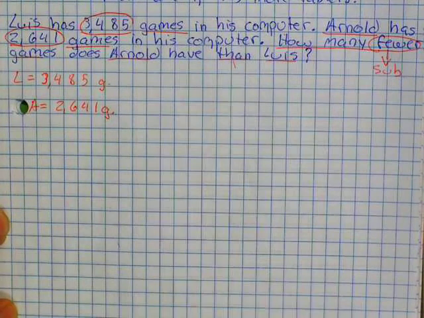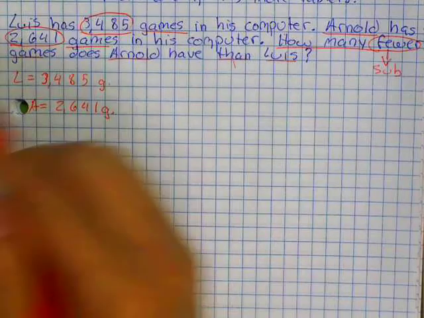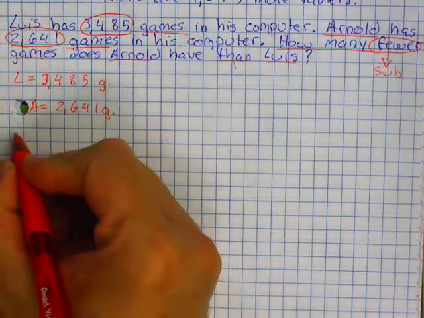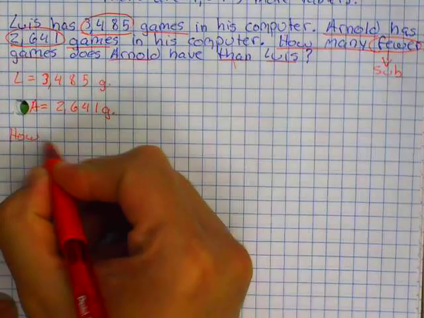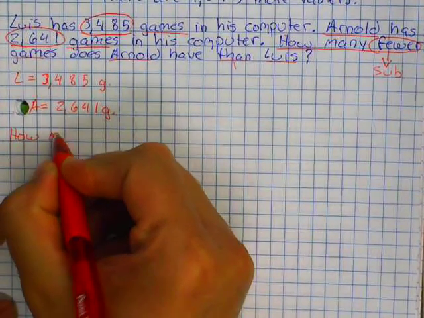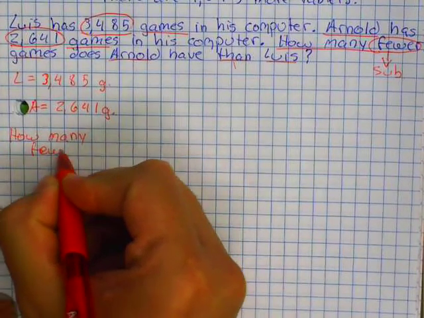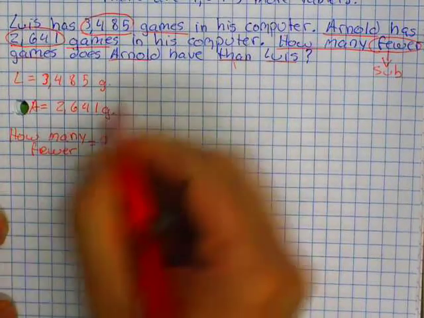Okay? So if I want to know how many fewer, it is the same thing. So I need to know how much or how many fewer. That's what I need to know.